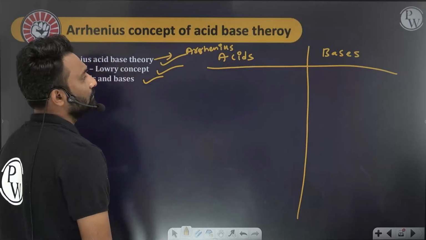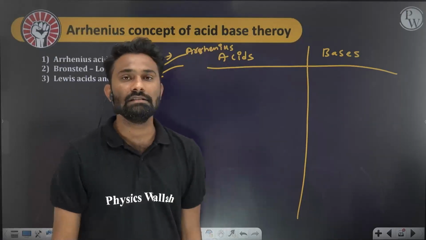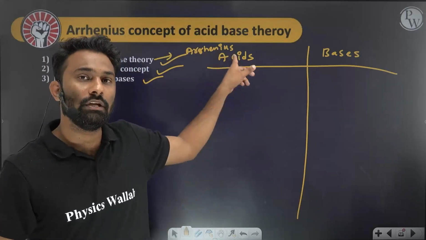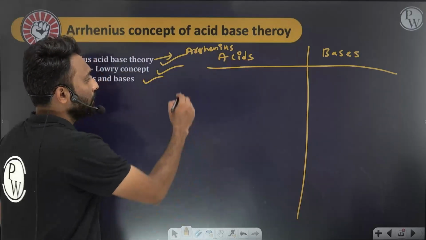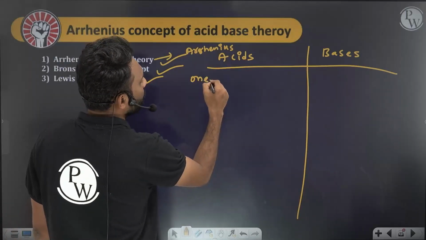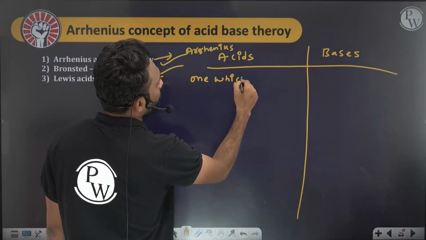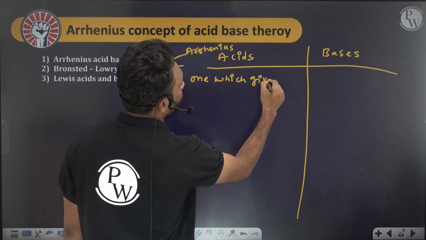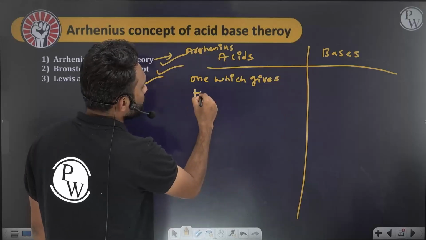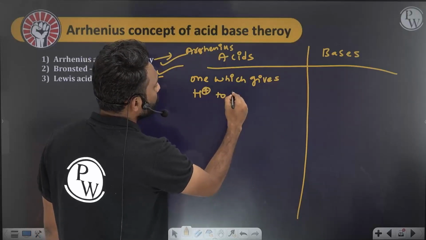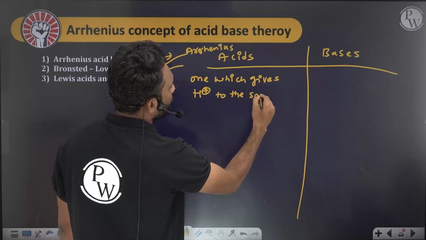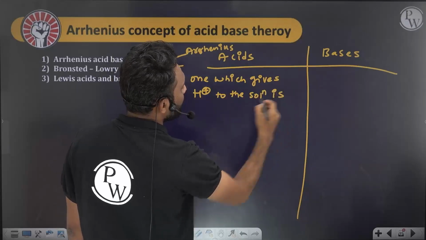Now, Arrhenius is the scientist who said that the one which gives H plus to the solution is an acid.